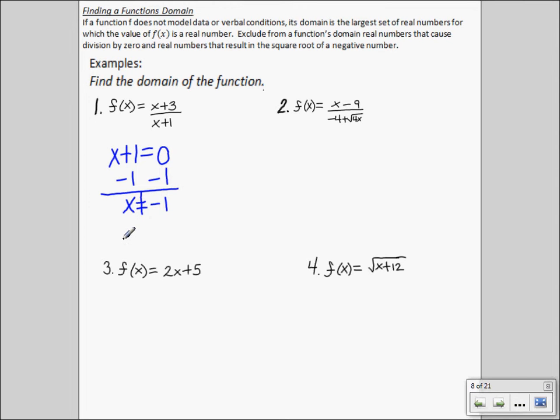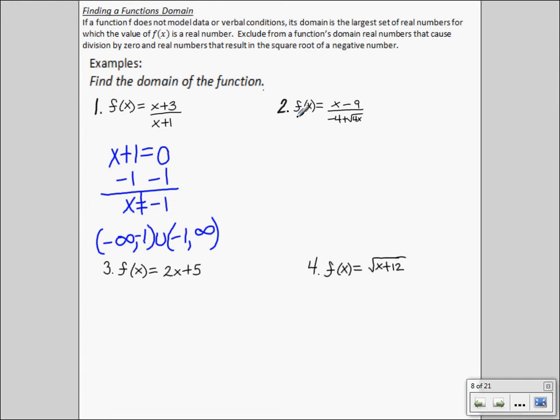You say now that the domain is anything from negative infinity up to negative 1, union everything with negative 1 excluded to positive infinity. And that is the answer to that problem.